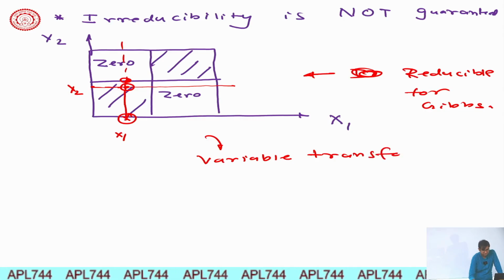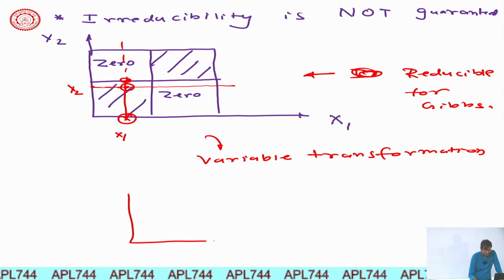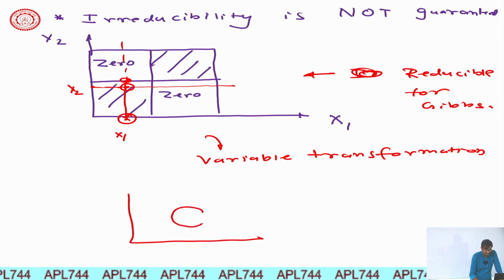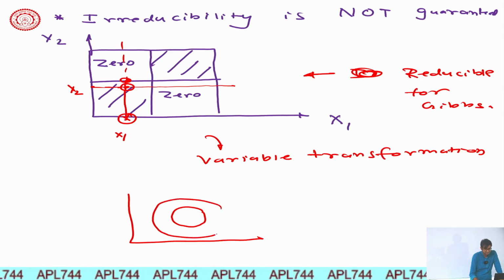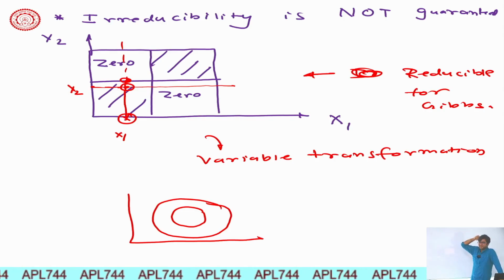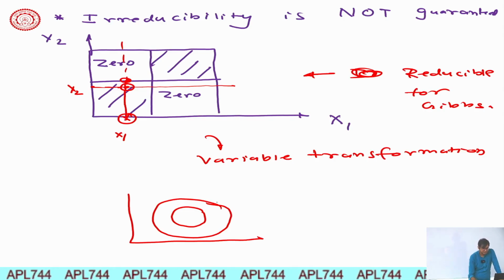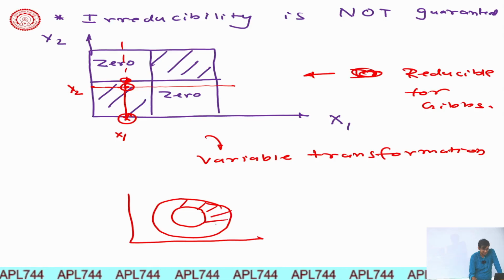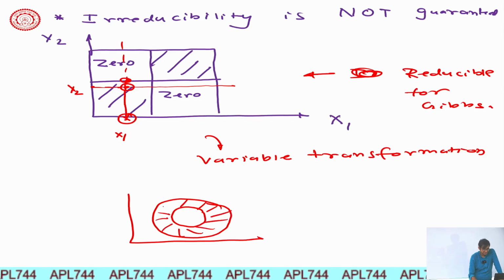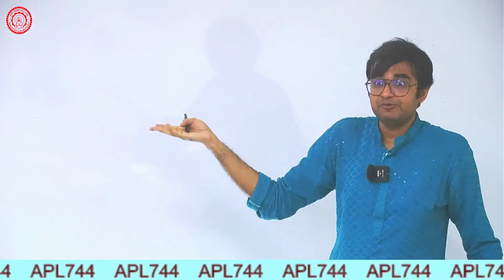Under some variable transformation, it might become like this. There is a specific transformation for which this happens, and if this happens, then you are good. So basically, this is your probability mass now. I am not telling you what transformation, but let's say there is a transformation for which it becomes like this. Then you are good. Then you can now use Gibbs sampling.